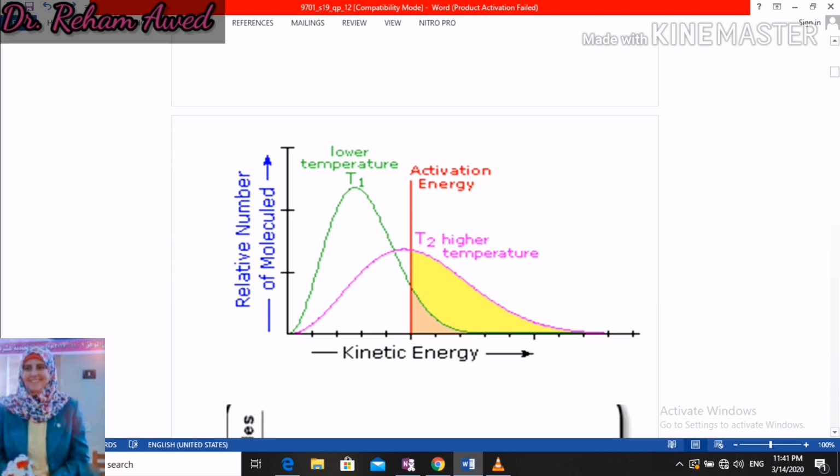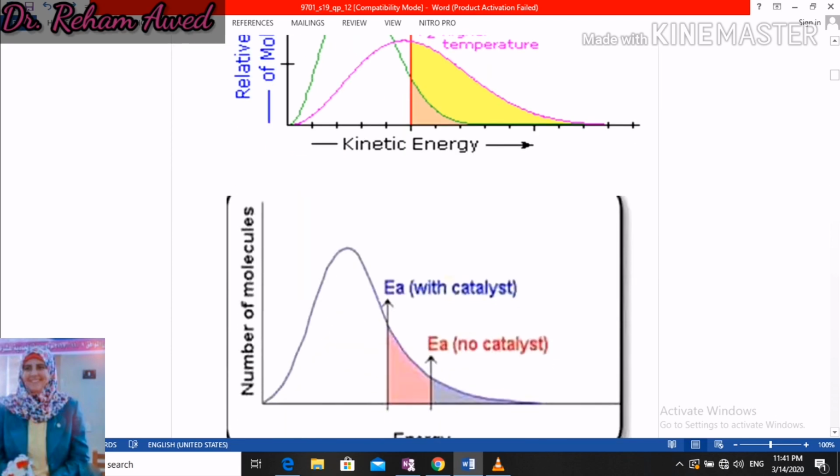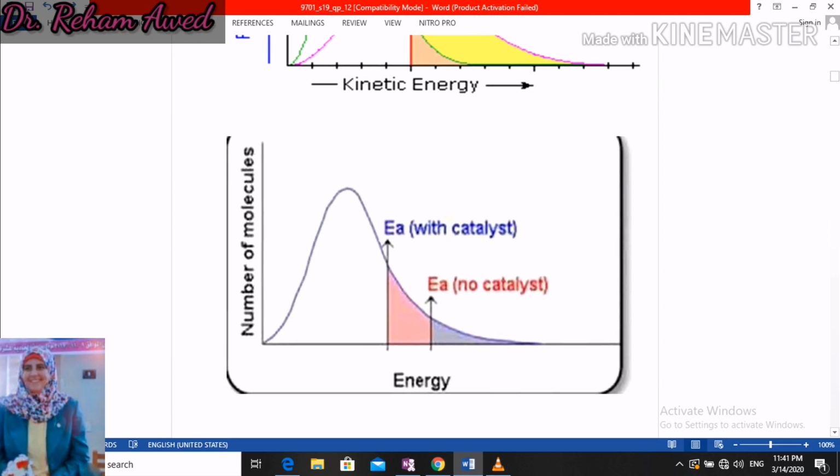Also, you will have a greater number of molecules with enough energy to start the chemical reaction. By having a greater number of molecules starting the reaction, of course, the number of molecules finishing the reaction will increase. So the rate of the chemical reaction will increase.